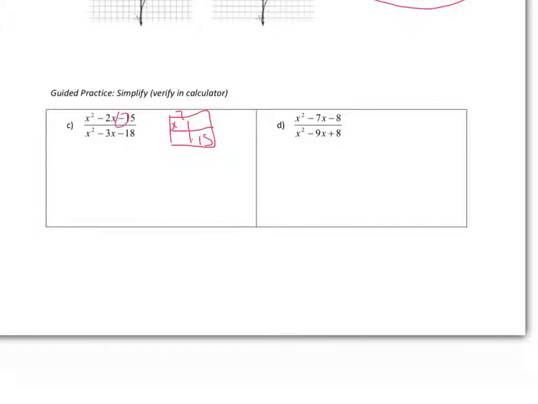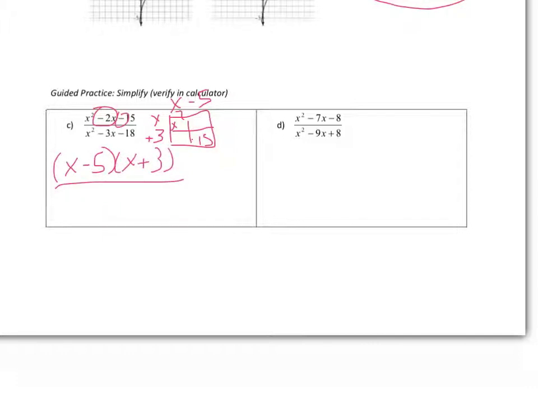So they're opposite signs, and I know that this is x times x, and that one of these is a negative and one is a positive. If I take 5 and 3, I get 15, and 5 is the bigger number, so it has to be negative, and 3 has to be positive because this is a negative 2. So on the top, I'm going to have x minus 5 times x plus 3.